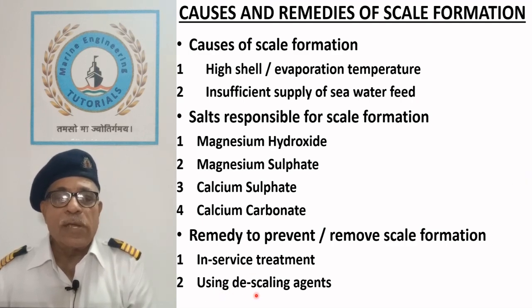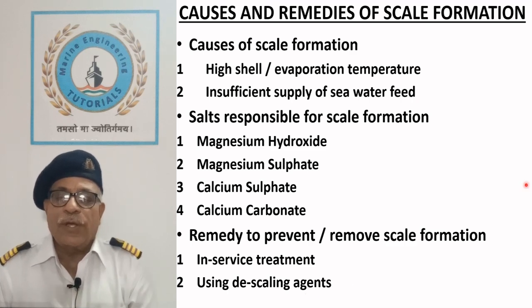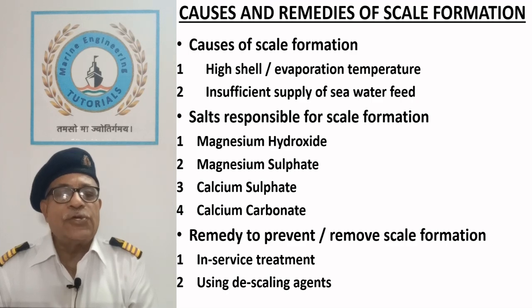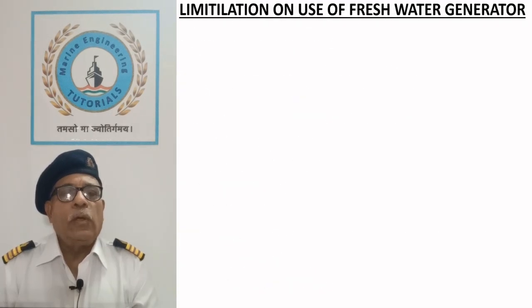Using descaling agents. When the freshwater generator is stopped, evaporator surface is descaled by using acid followed by the neutralization. Limitation on use of freshwater generator.